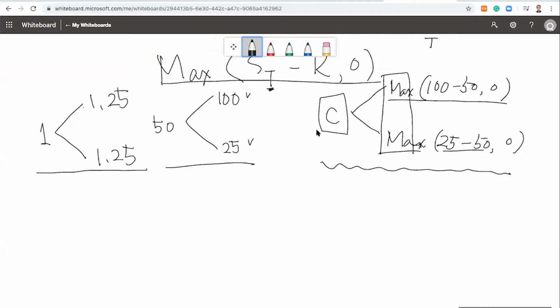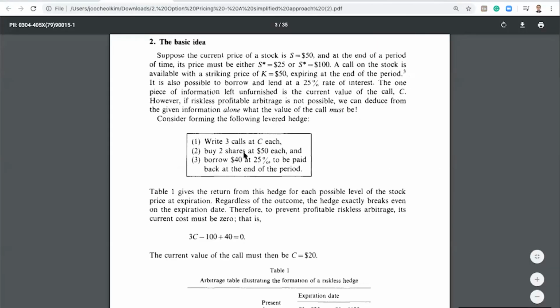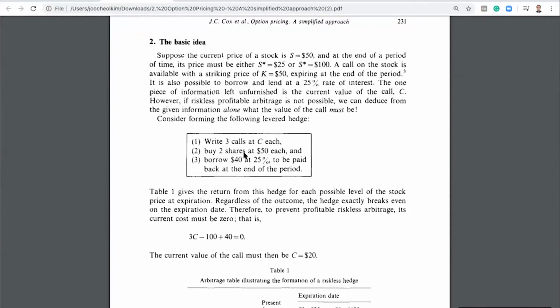And we already know how to do that. But in this paper, they explained it in a little bit different way, but the answer will be the same.